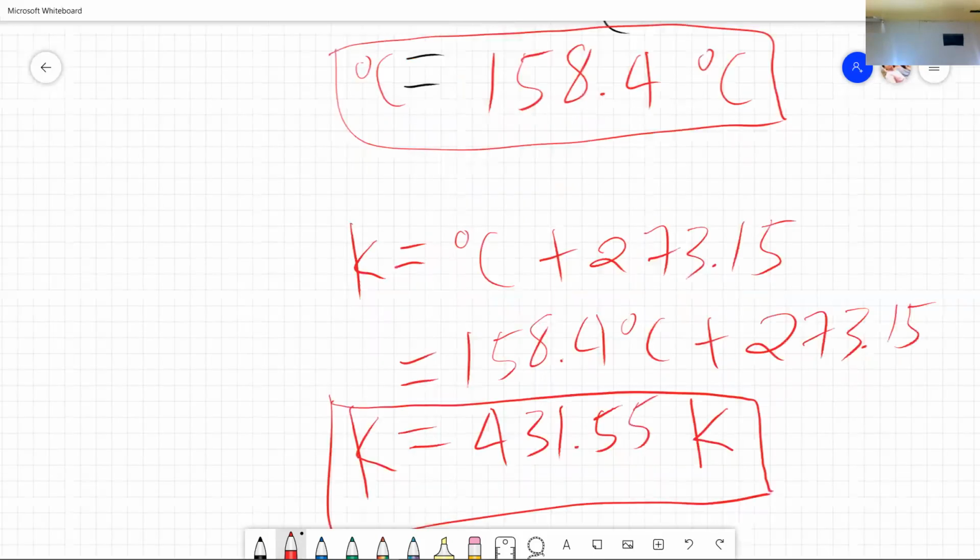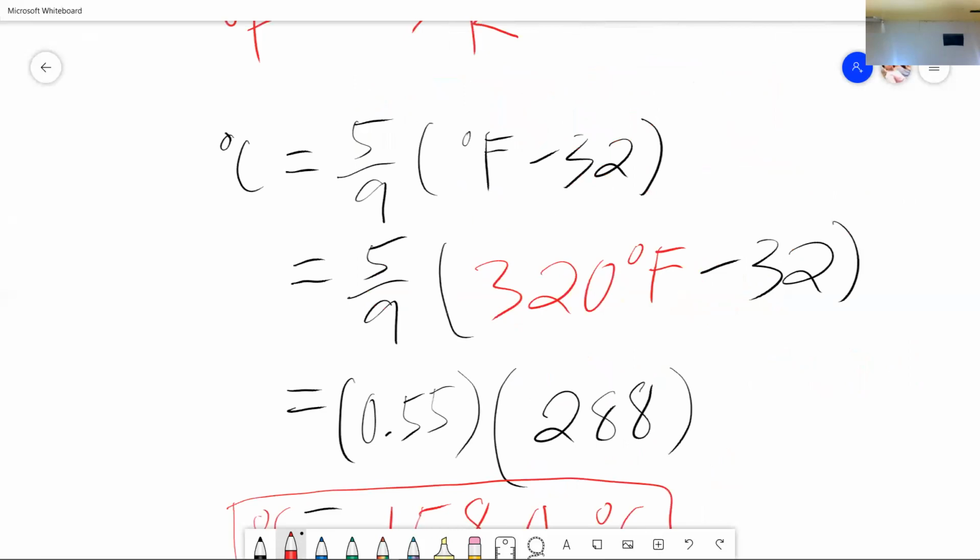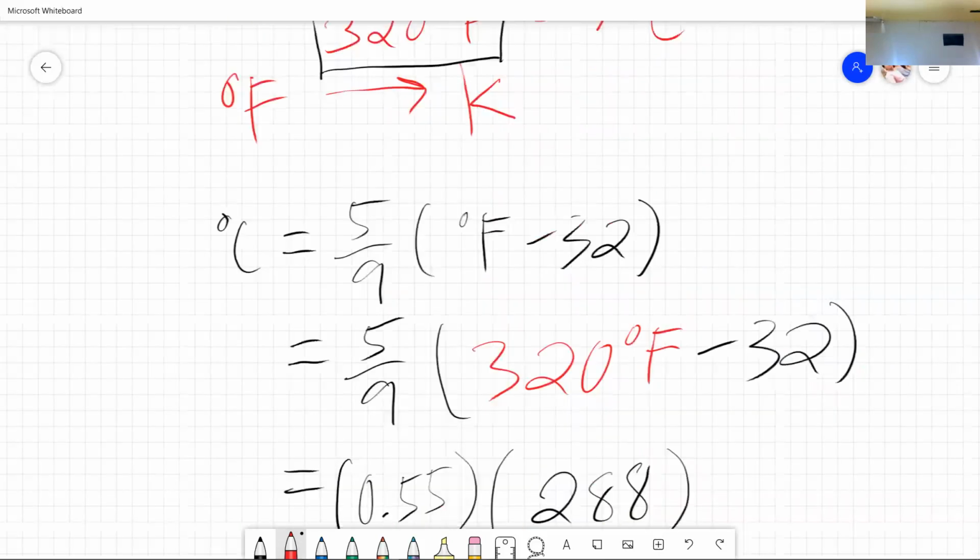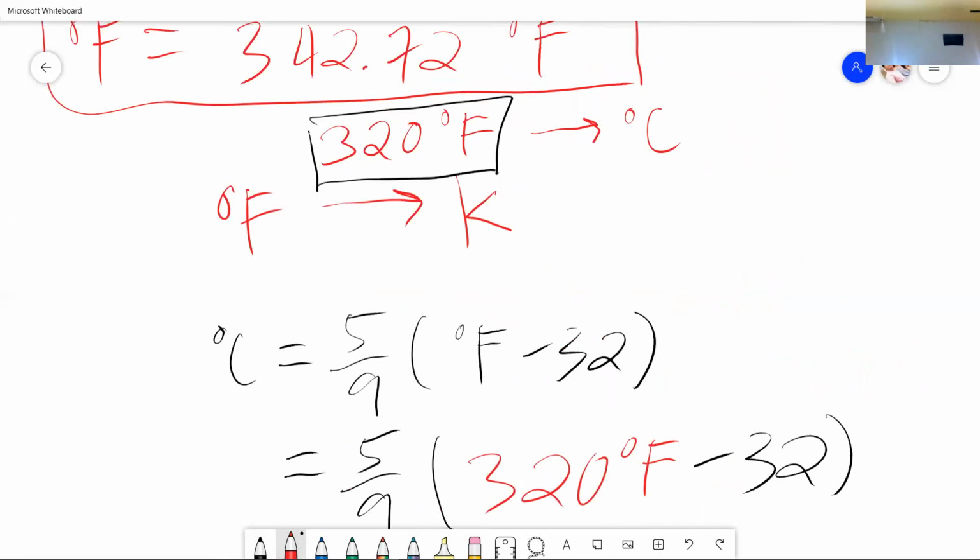So again, to solve for degree Fahrenheit to Kelvin, first we convert degree Fahrenheit to degree Celsius.